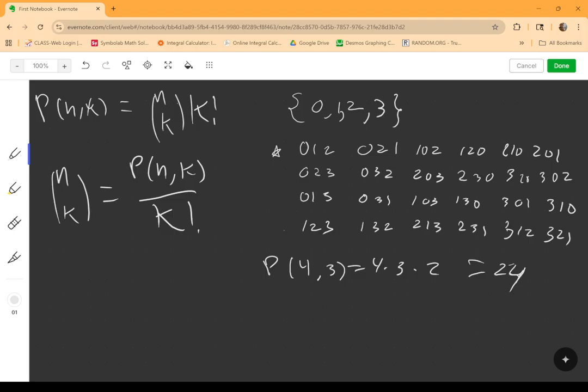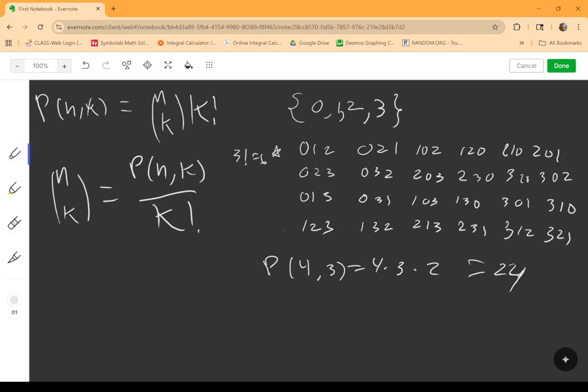Each one of those rows has 6 entries in it, because no matter how we group those 3 digits, we wind up having 6 orderings. So we're grouping the digits by size 3, and each group must have 3 factorial, which is 6.